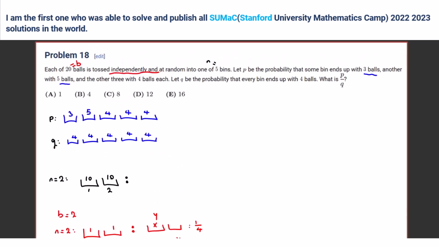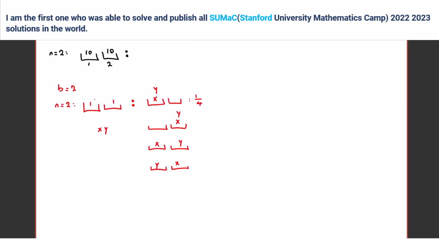Okay, so the probability to go, for example, to this one, both of them, is 1/2 for each ball, right? So each of them is 1/4. 1/4, 1/4, 1/4. So the answer is what for this case? 1. The probability is 1.